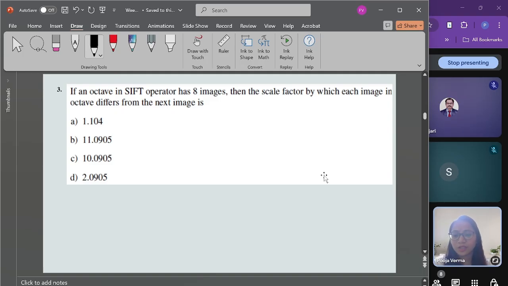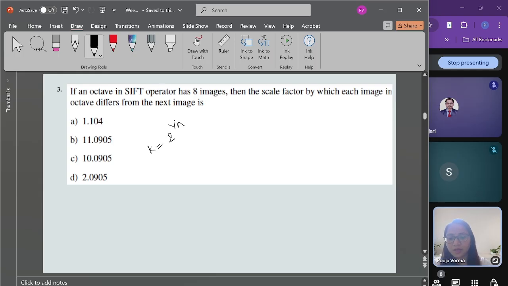As we know, SIFT is the scale invariant feature transform. Already we know that an octave spans a doubling of the scale, that is a scale of 2. If an octave contains n images equally spaced in a log scale, the multiplicative step k between the successive images is represented by k equal to 2 to the power 1 by n.